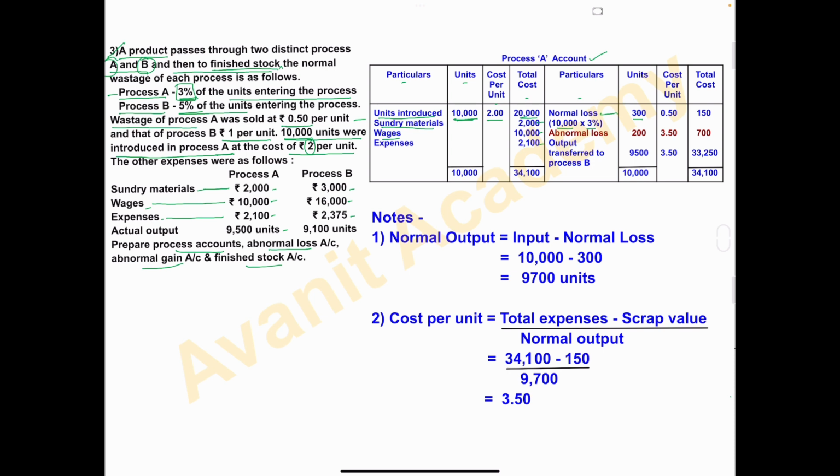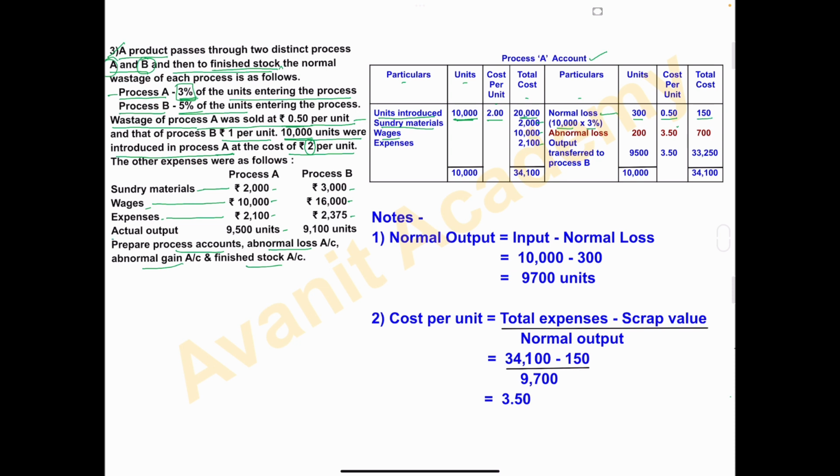Wastage of process A was sold at rupees 50 paise per unit. So whatever the normal loss or wastages we have got, that is sold at 50 paise. So we'll write here amount 0.50, multiply this 300 into 0.50 and you will get 150.